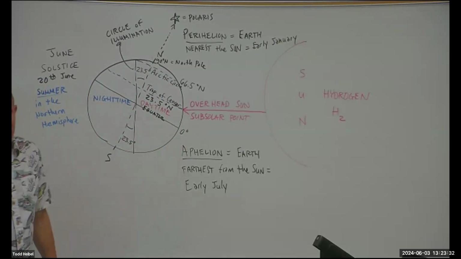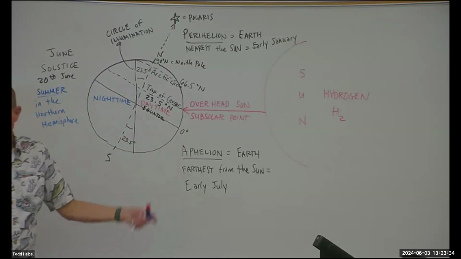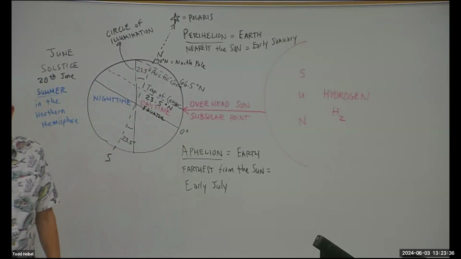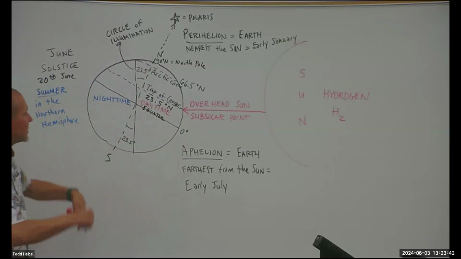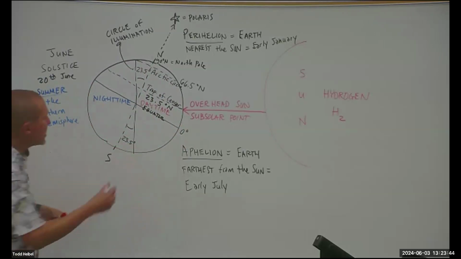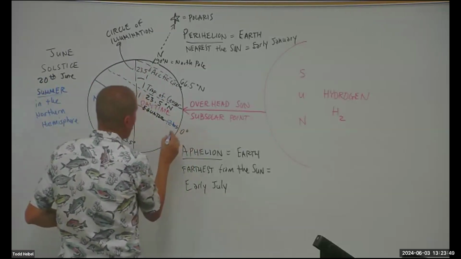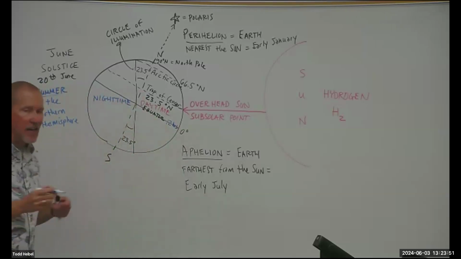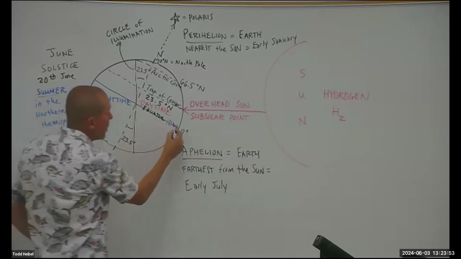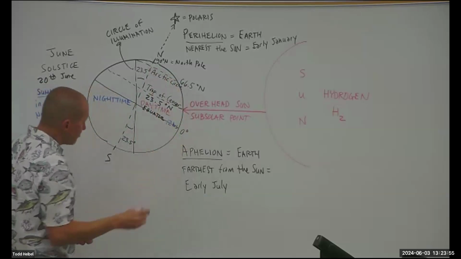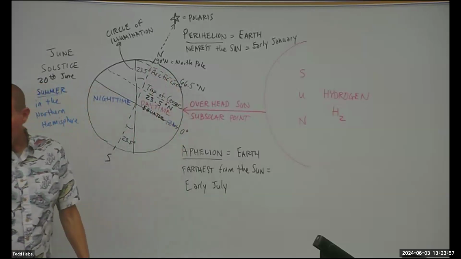Doesn't matter if it's the June solstice, an equinox, or the December solstice, or today, the 3rd of June. The equator always receives 12 hours of day, 12 hours of night every day of the year. But as we go north of the equator, more than 12 hours of daylight.